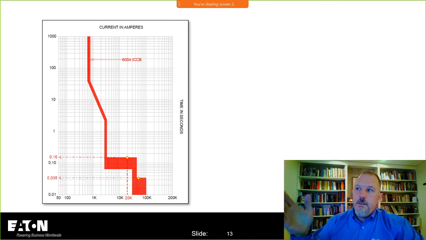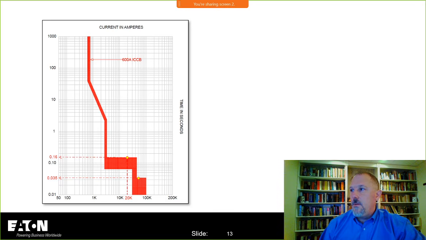So in this case, we have a circuit breaker where I know that if I put 20,000 amps through this breaker from the line lugs to the load lugs, it's going to take a maximum clearing time of 0.16 seconds and a minimum clearing time. You'd have to look at those gradients: 0.01, 0.02, 3, 4, 5, 6, 0.065 seconds.